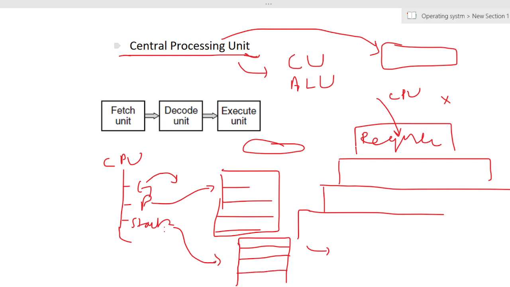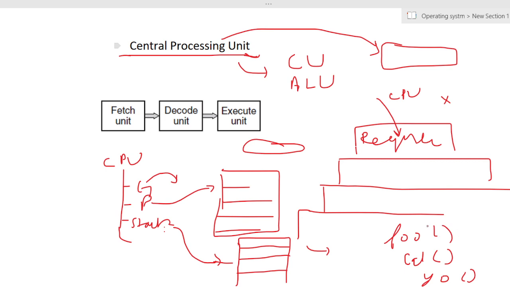Let us suppose there is a program, and you call a function foo, and it again calls a function cal, and it again calls a function yo, right?